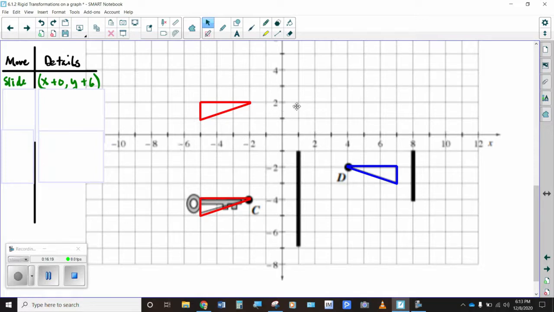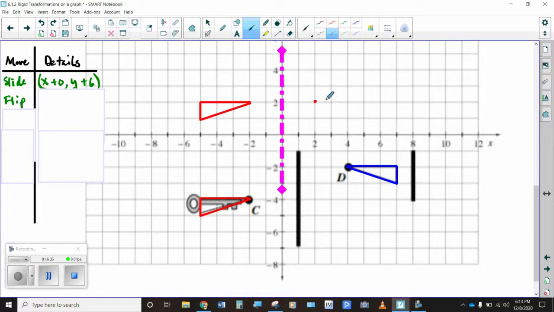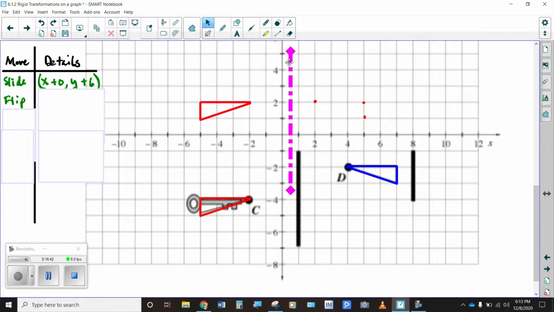Doesn't really matter. And now, if I want to get this guy over here and reorient it, I think now's the time for a flip. So what line can I flip over? If I flip over the x-axis, that's going to put me 1, 2. That'll put me here, here, and here. If I flip it over where x is, did I say the x-axis?